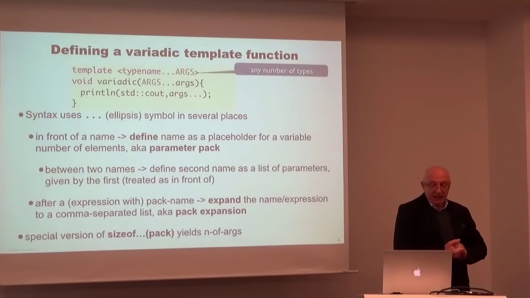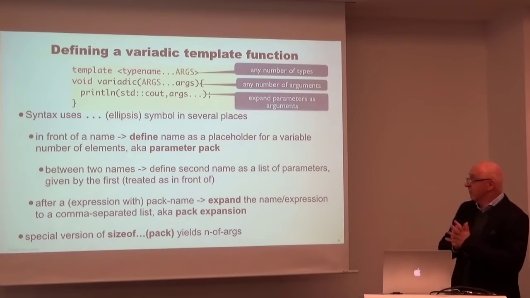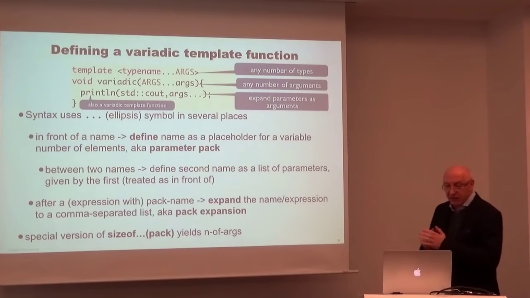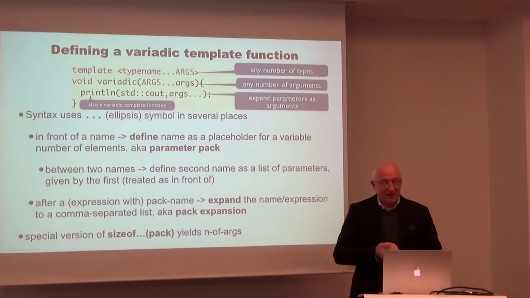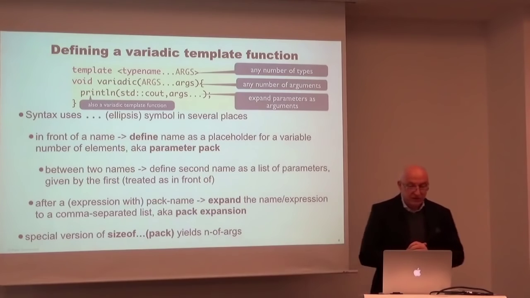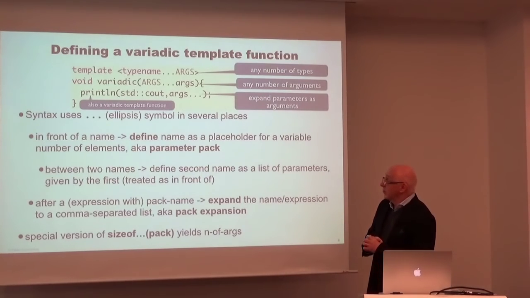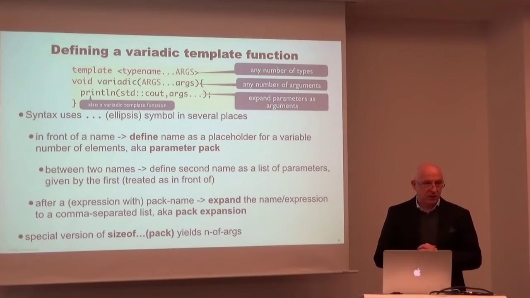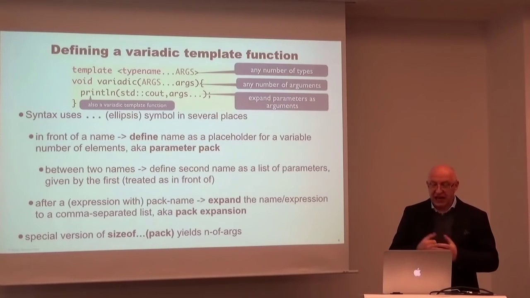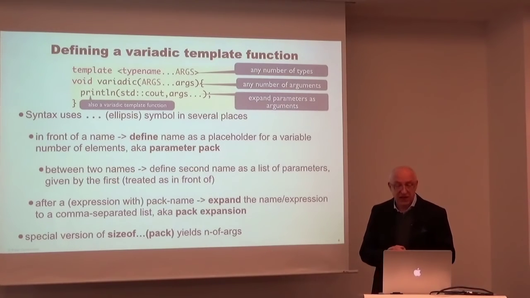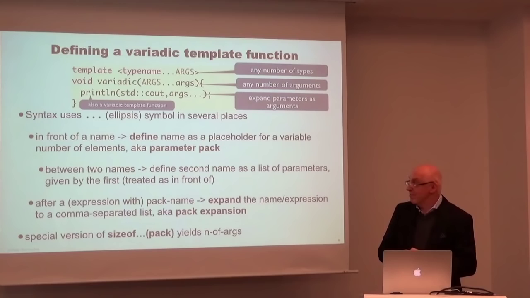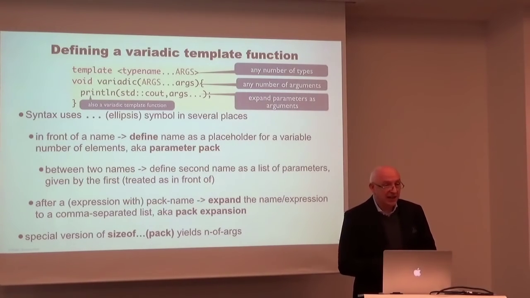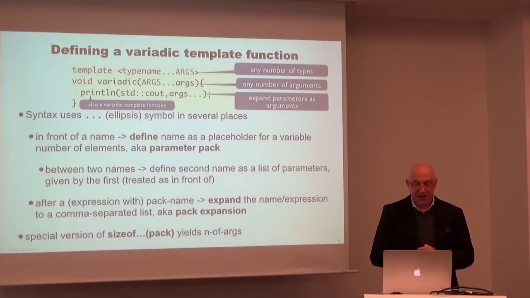How do we define a variadic template function? So a little bit of new syntax around these 3 dots. It's a template, and to introduce a list of types, we write typename ... And we can give that list of types a name, and in classical template manner, I used Args for that.